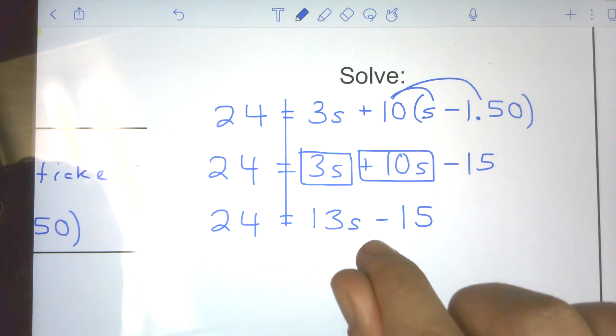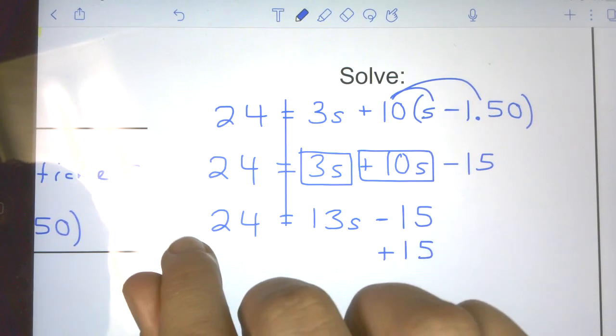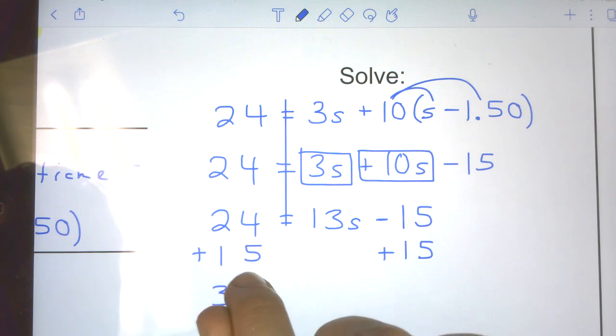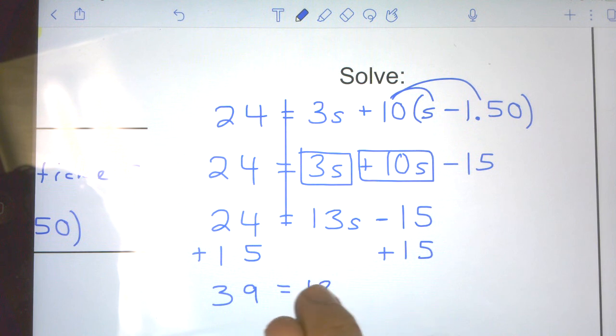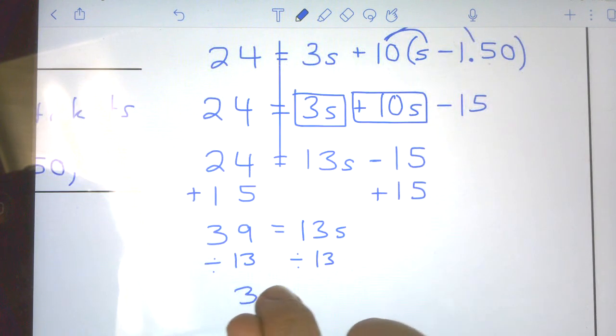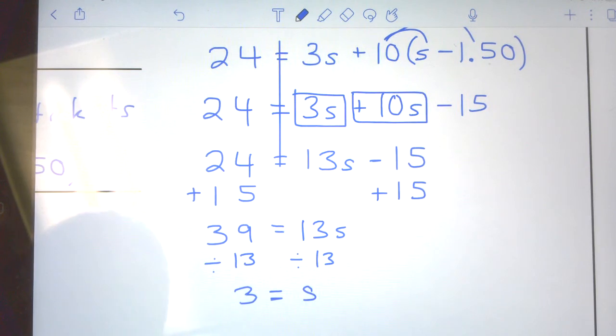So I'm going to add 15 to both sides. That gets me 2, 3, 4, and 5 is 9 equals 13S. And then I'm going to go ahead and divide both sides by 13. That gives me 3. So 3 equals S.